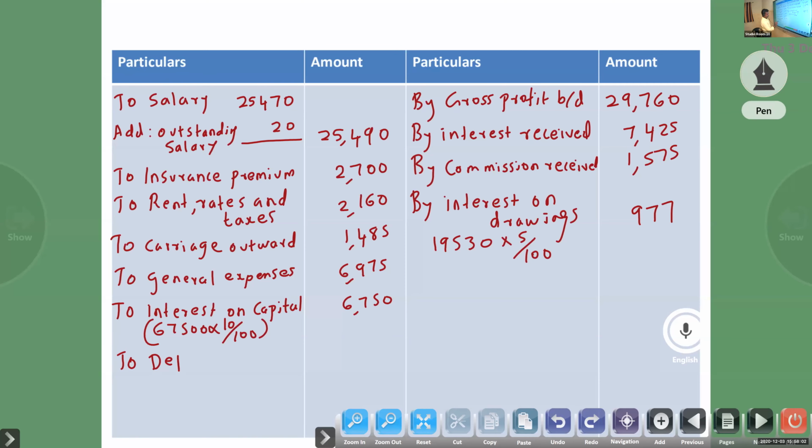To depreciation on plant and machinery. 5% is given, 5% on plant and machinery, 27,000. 5% of that is 1,350.